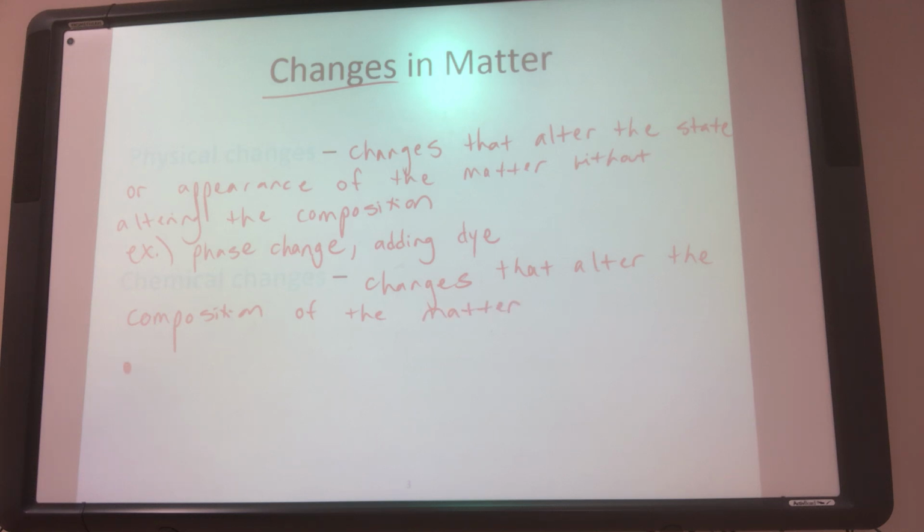So just a reminder here, the atoms that are present rearrange into new molecules. But all of the original atoms are still present. You don't just lose an element. If the element was there in the beginning, the element's going to be there in the end.